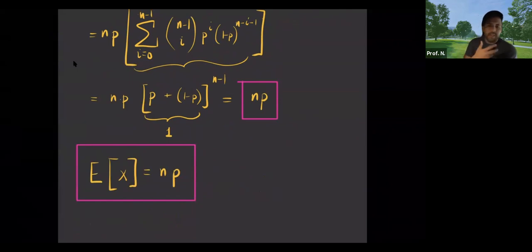So anytime you have a binomial random variable, and you know the number of trials and you know the probability of the success, then the expected value will always be n, which is the number of independent trials, multiplied by p, which is the probability of a success.